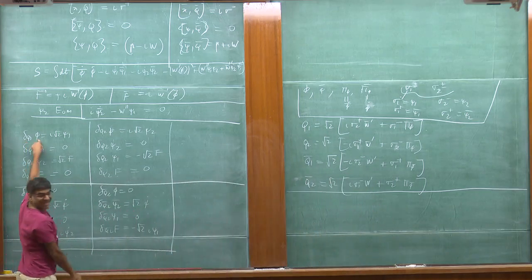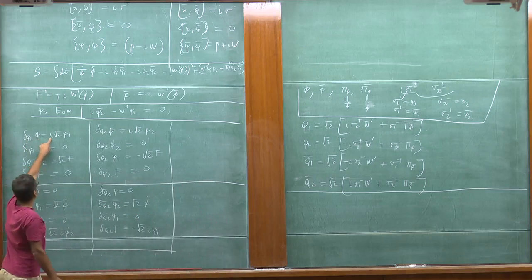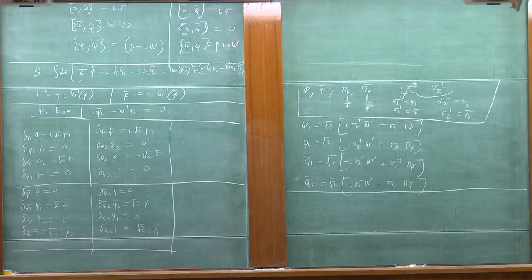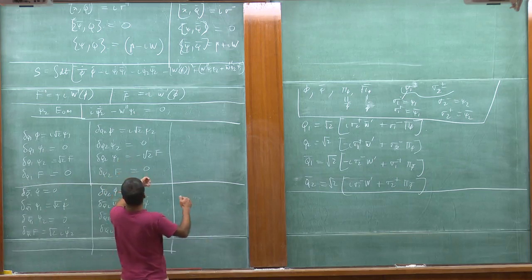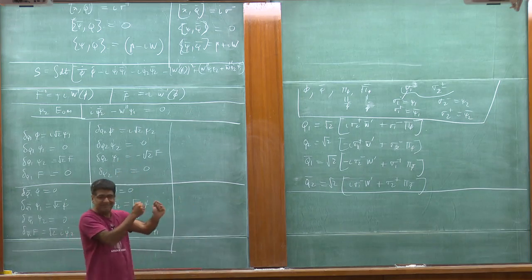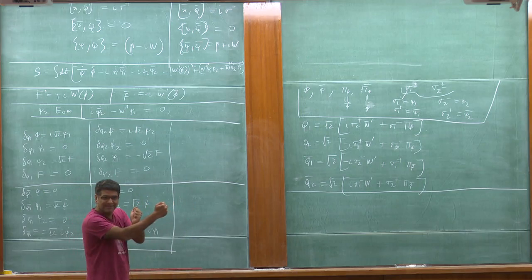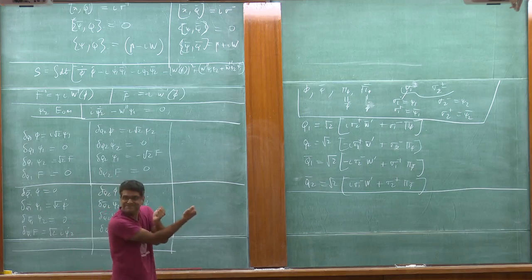Q1 on phi gives I square root 2 psi 1. Now phi, the only thing that has a non-trivial commutator with phi is pi. Pi phi is 1. Okay, so now pi phi is minus I, but phi pi is I. We're putting the Q on the other side.